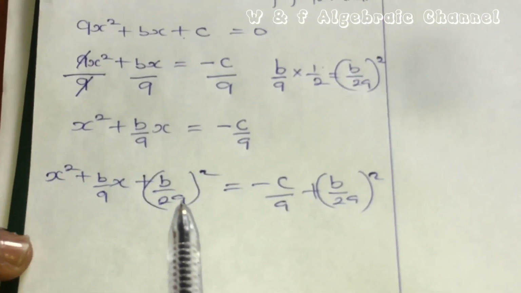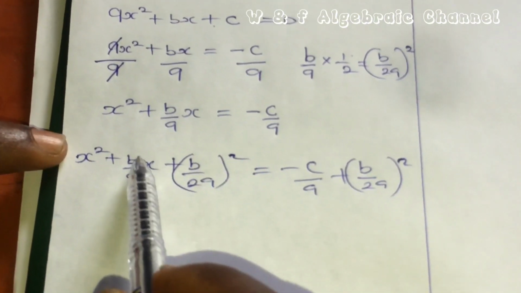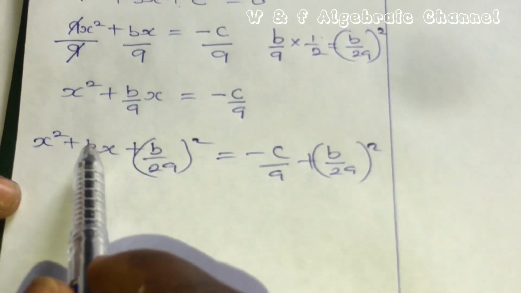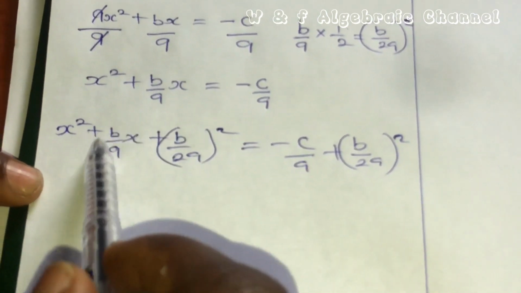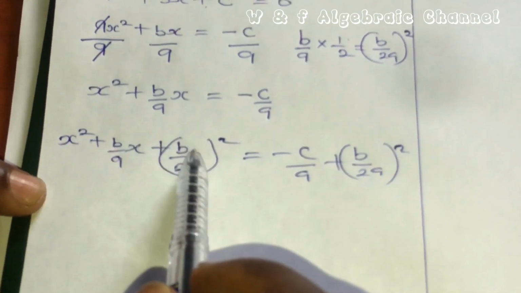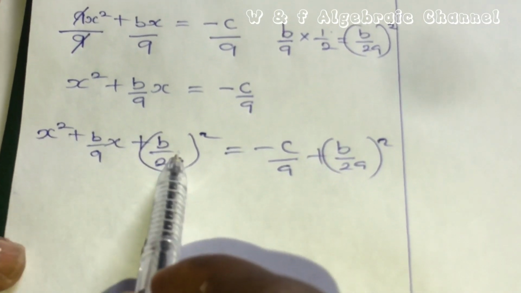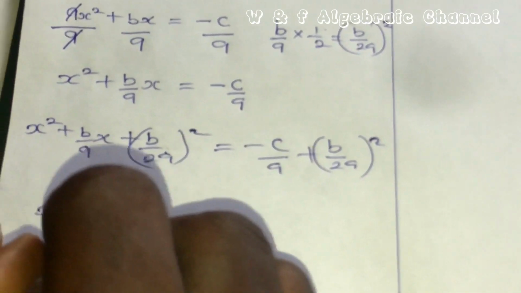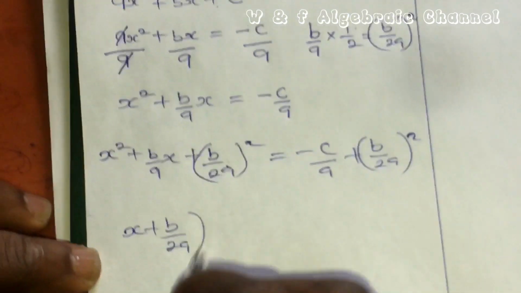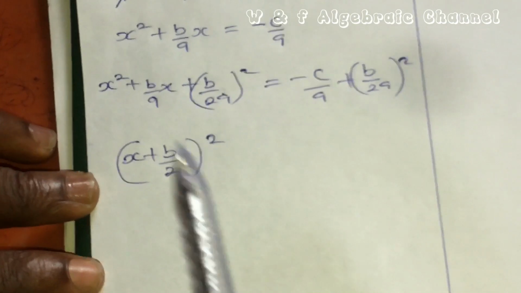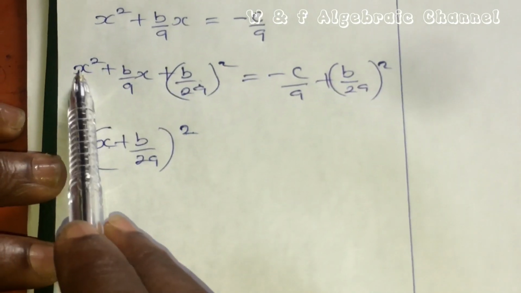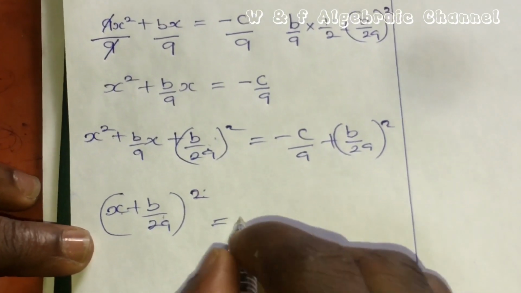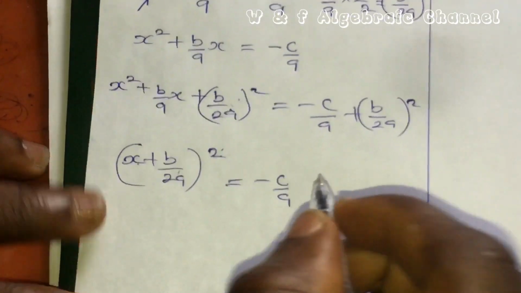Now there's what we call a perfect square. Since we got this b all over 2a from b all over a squared, we are to omit this and pick the two numbers that are associated with the square. So we have x plus b all over 2a all squared. If we should square this, it will take us back, which equals minus c all over a.